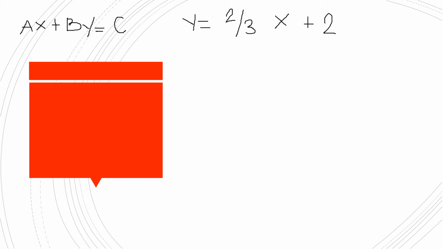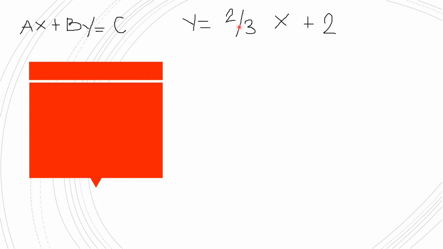Okay. So, we will move the 2/3 x to the left side. It should be on the left side. So, if we move 2/3 x to the left side, it becomes negative. So, so that we don't have to multiply again by negative, we just interchange the positions of the left side and the right side. The left side goes to the right side, the right side goes to the left side.